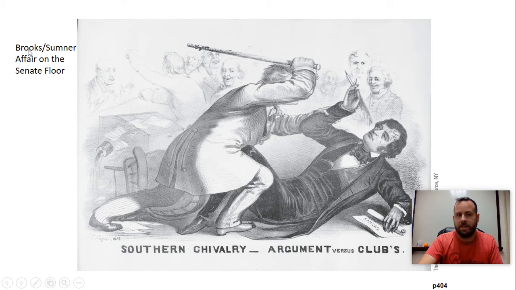Preston Brooks, who is related to Butler, marches onto the Senate floor, and he beat Charles Sumner within an inch of his life with his cane on the Senate floor.